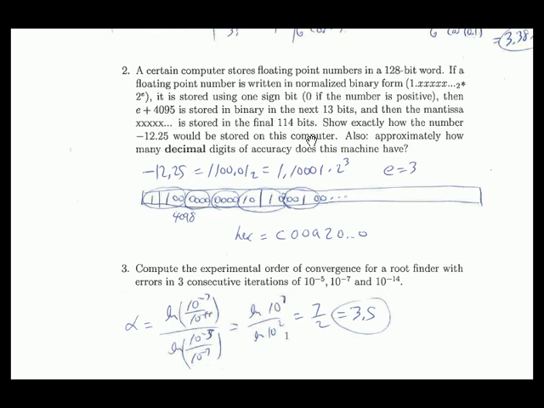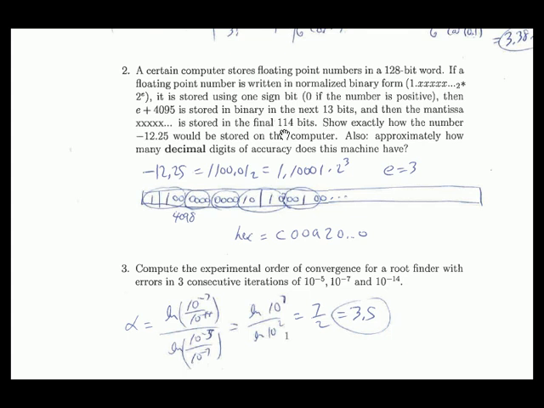The relative precision is 2 to the minus 114. For some reason I don't have the answer written here, but we just have to convert 2 to the minus 114 to decimal.